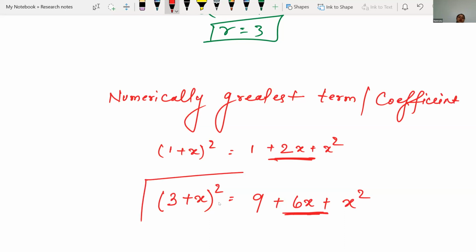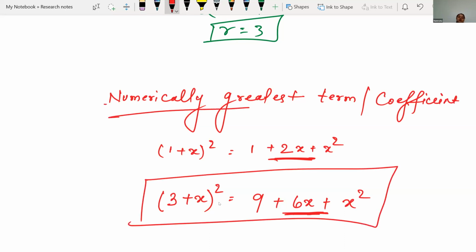For such a scenario, we are going to discuss this concept, numerically greatest coefficient. It will not be the middle term when we are having such an expansion. Here we are talking about numerically greatest coefficient. So which term is having the numerically greatest coefficient? Negative 36 is bigger or 28 is bigger? So numerically means you have to put modulus and you will be saying this is bigger.